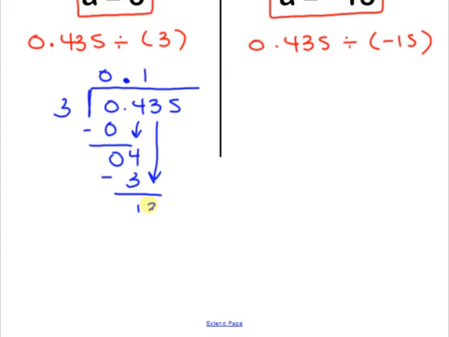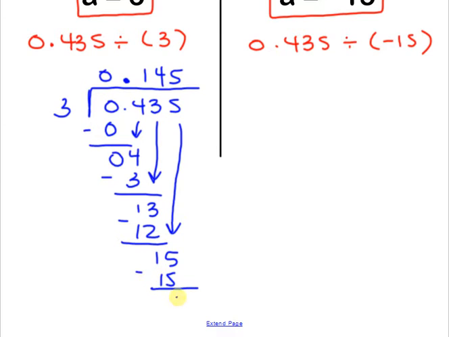Bring down the 3. 3 goes into 13 4 times. 3 times 4 is 12. Subtract. 13 minus 12 is 1. Bring down the 5. 3 goes into 15 5 times. 3 times 5 is 15. 15 minus 15 is 0. Now we have a positive divided by a positive, so our answer is 0.145.